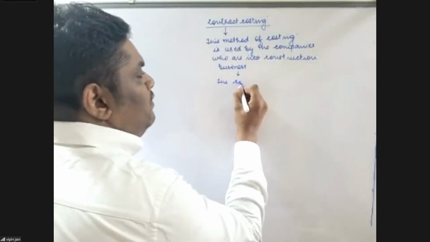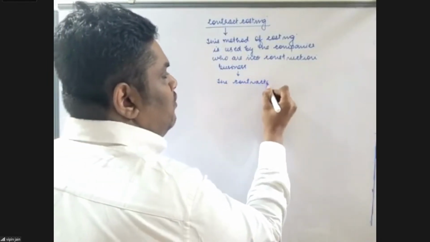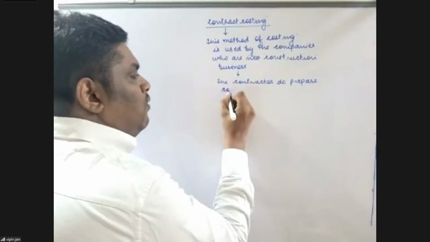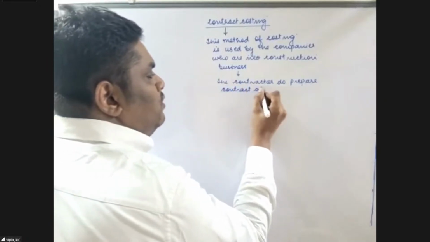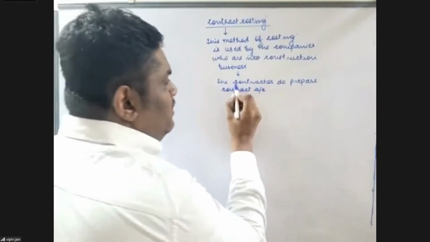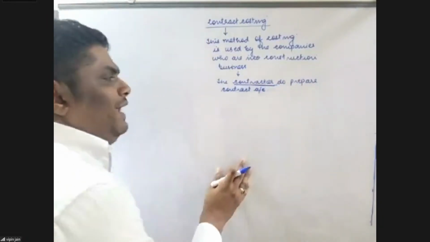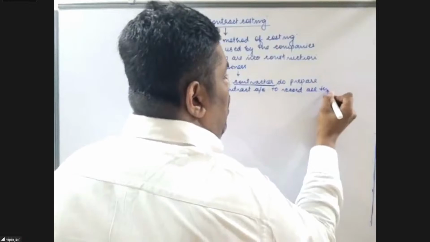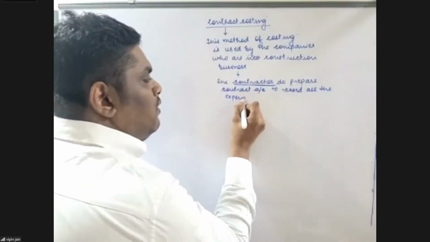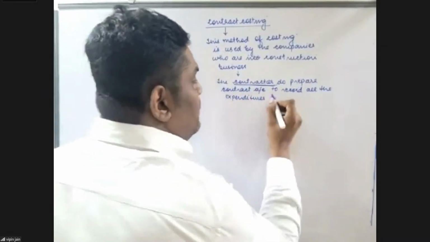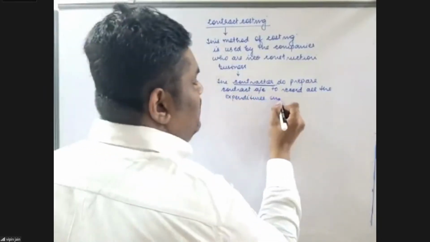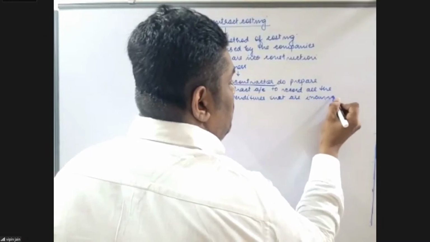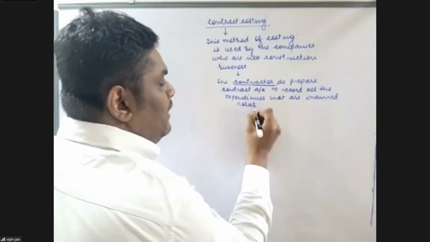The contractor prepares a contract account to record all the expenditures that are incurred relating to a contract.